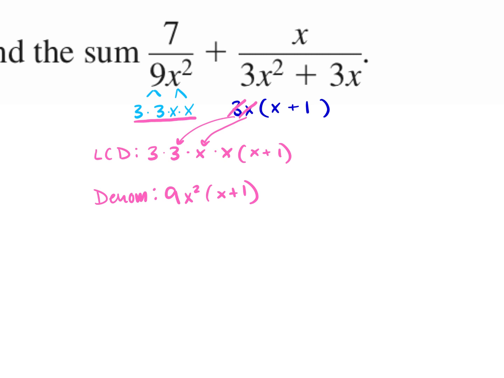So we need to multiply the numerator and the denominator by what's missing to get our denominator to be this. So we multiply by what's missing. Multiply by the missing factors, we'll say.